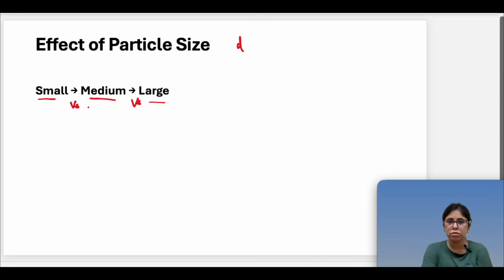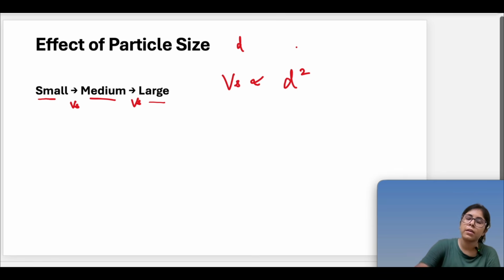From smaller it will increase to the medium one, then increase more to the larger one. But it's not a linear increase, and we should remember that. Settling velocity is directly proportional not to the diameter but to the square of the diameter.